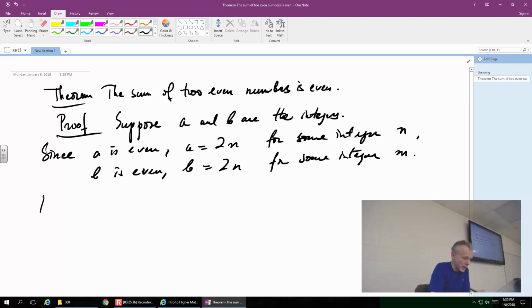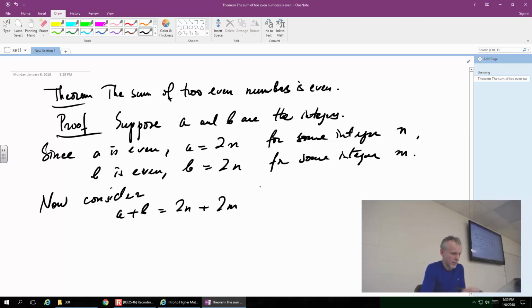Okay, so now consider A plus B. A plus B is equal to 2n plus 2m. At this point I could do it the way we did, or I could streamline it a little bit. I just factor 2, 2 times (n plus m).